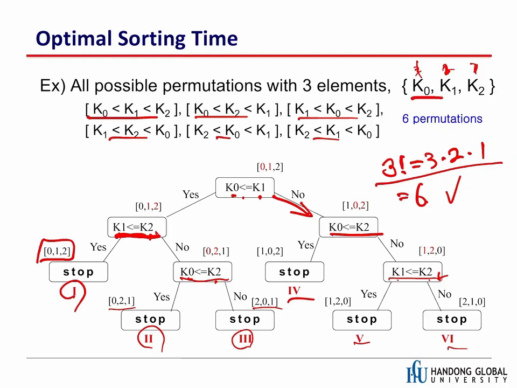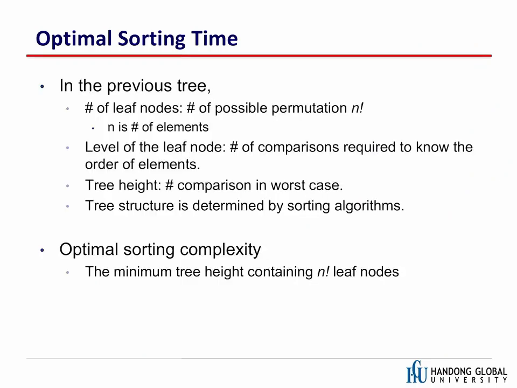So out of 3, we have to choose 1. So we have 3 cases. And once we pick the first element, now we have 2 elements. Then out of 2, we have to pick 1, and then there's no other option. That's why we have 3 factorial to get all the permutations.